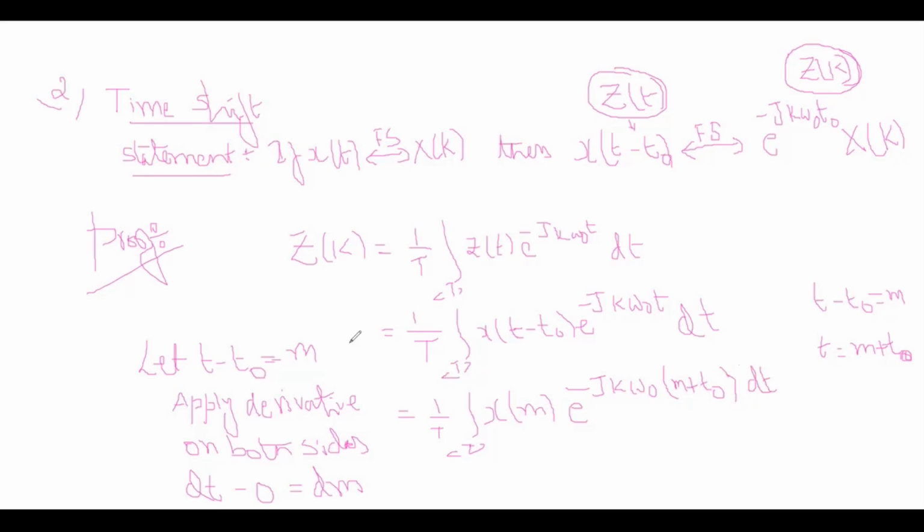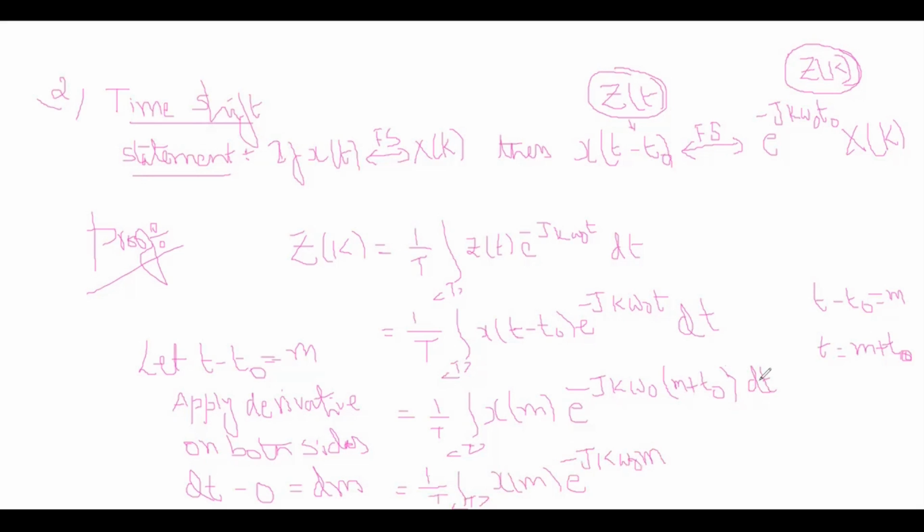Following my students. Now in the power there are two terms. Split into two integrations: 1 by T, the integral over T, x of m, e power minus jk omega naught m.